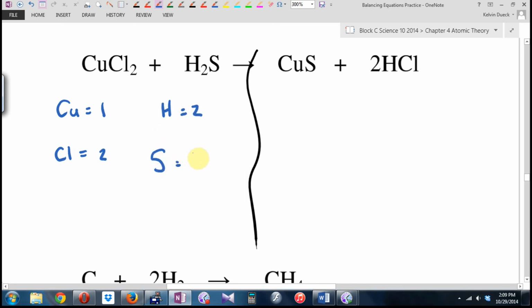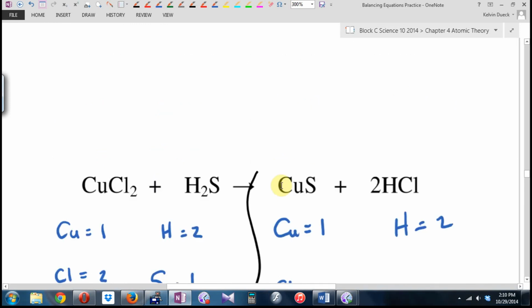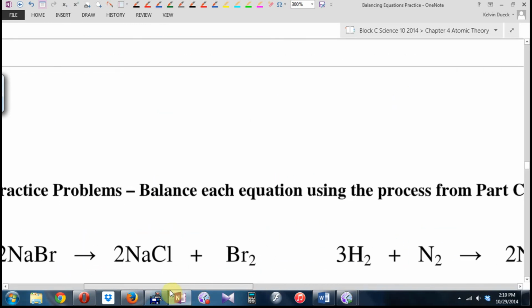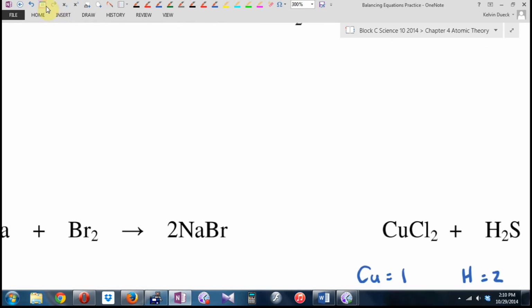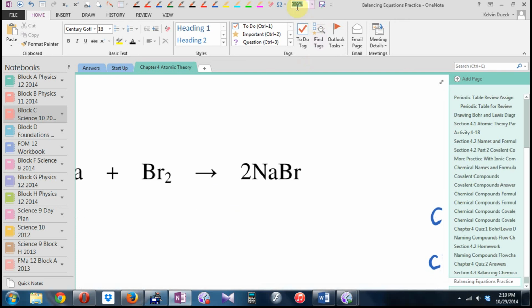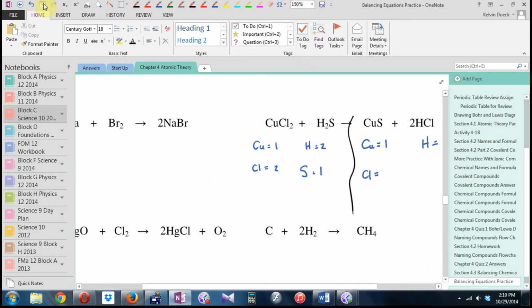Oh, you're throwing something in the garbage? Okay. I got... Hang on. I haven't done this one yet. Is it already balanced? No. Oh, it is? I'm on the answer key again? No, it says practice problems part D, balance. It's balanced already? Okay. It's the exact same question twice?